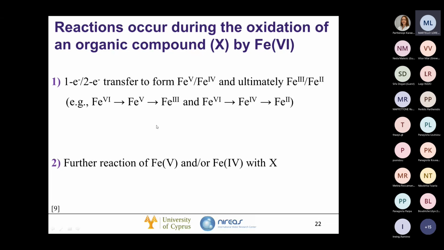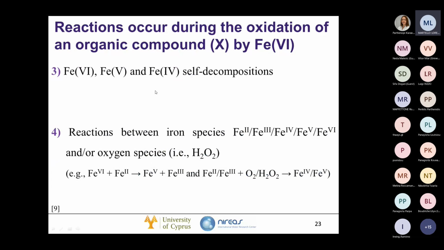So it seems that the acid is enhancing the formation of iron 4 or iron 5, or it makes iron 5 and iron 4 more stable to react with the model compound. This is what is shown here in the second set of reactions, that iron 4 and iron 5 could react with the model compound rather than iron 6. Also, all the high valent oxidation states of iron could self-decompose.